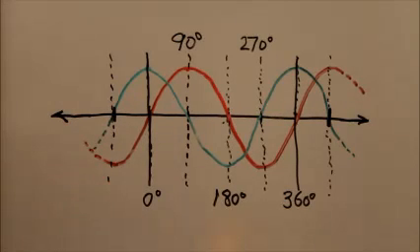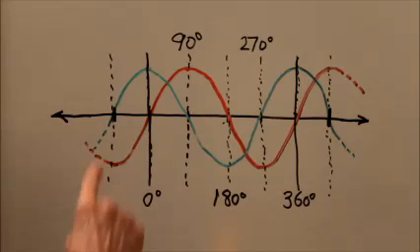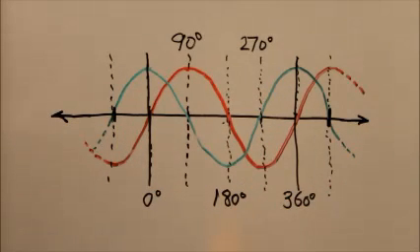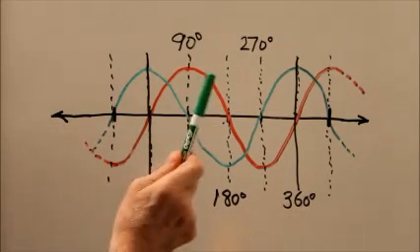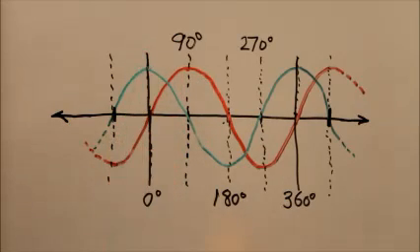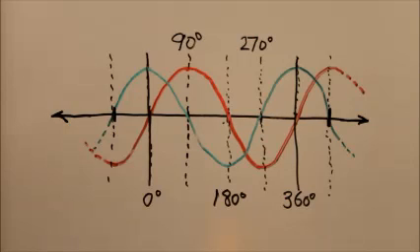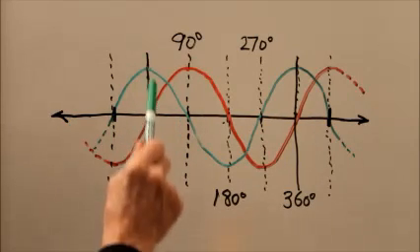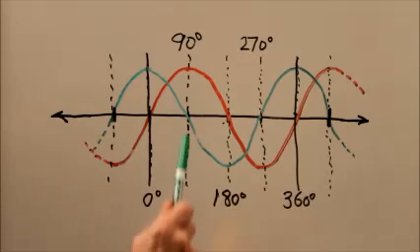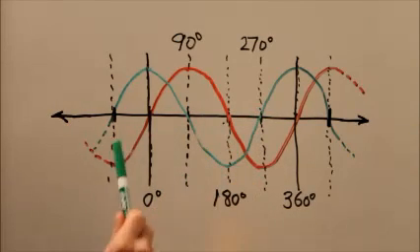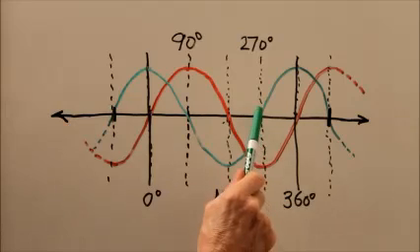Phase quadrature means that the current and the voltage in a device are 90 degrees out of phase. In this graph, we have 2 sine waves, and they are 90 degrees out of phase, and we can tell that because the peak of one wave, say the green one, and the peak of the other wave, say the red one, the positive peaks are 90 degrees apart, and so are all of the other corresponding points on the waves.